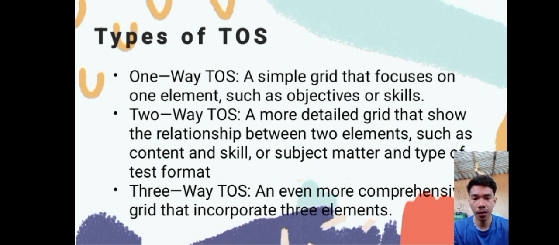The cognitive level, from Bloom's taxonomy, is the level of thinking required, whether it is knowledge, comprehension, application, analysis, synthesis, or evaluation. The percentage rate is how much each section or topic contributes to the overall assessment.